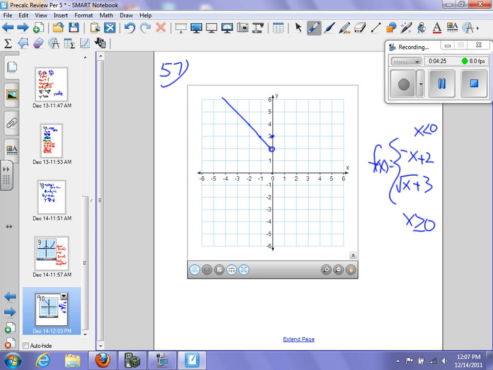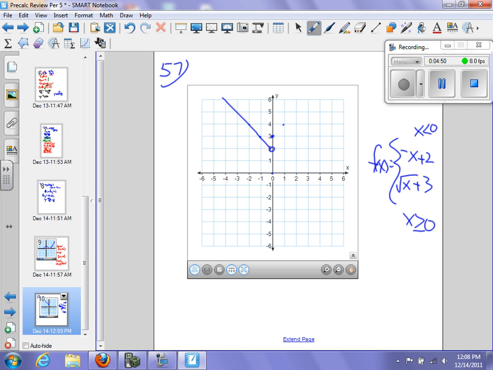Where x is equal to 1, the square root of 1 is 1, plus 3 is going to be 4. So it's going to be right there. Wait, is the square root of 1 is 1? The square root of 1 is 1, is it not?